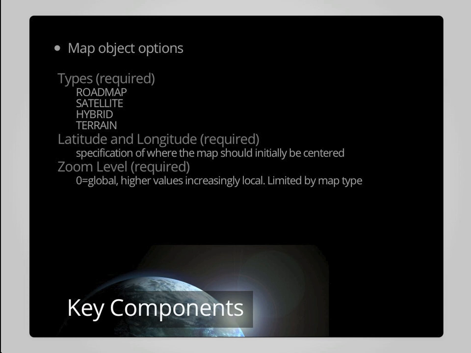And this type can be a road map, a satellite type map, a hybrid map that shows a combination of the satellite and road map data, or a terrain style map, which is analogous to a topographic map, though it doesn't have all of the attributes you might see in standard topographic maps, but it provides a more visualized representation of what the terrain looks like, which is different from the imagery available through the satellite representation or the transportation and boundaries and other cartographic features provided through the road map representation.